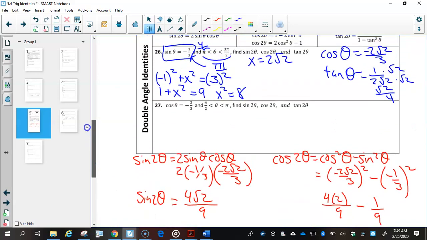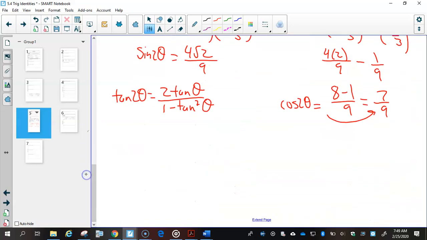Tangent we figured out was root 2 over 4. So I'm just going to put root 2 over 4 every time I see a tangent. Again, you could do this all at once, or take it step by step.